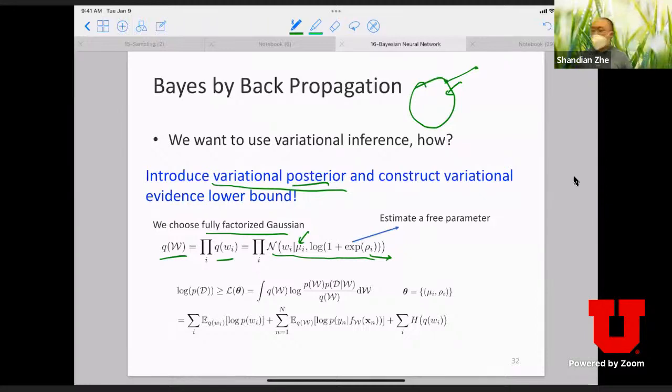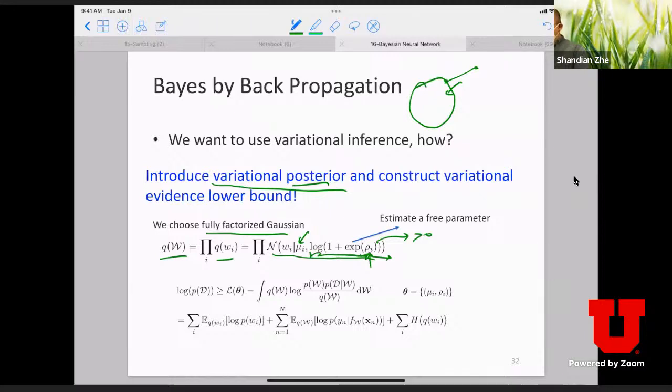So we can reparameterize the variance as the logarithm of 1 plus the exponential of some parameter. This is guaranteed to be positive. This is an often used trick to ensure a positivity constraint.